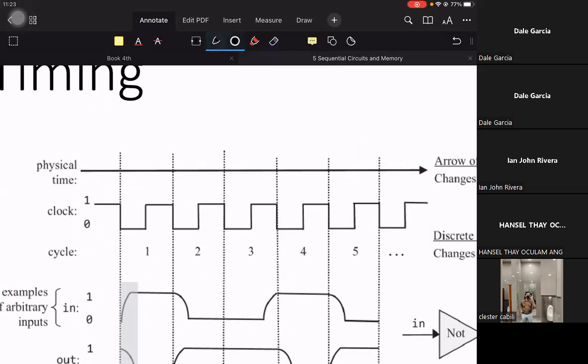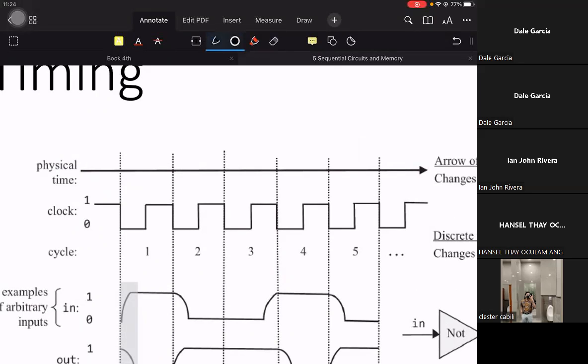It could be 1 millisecond, and still that is a very large number for microprocessors. Maybe 1 nanosecond is good. So it might be 1 nanosecond or 10 nanoseconds. So this is 10 nanoseconds, 10 nanoseconds, and so forth. So this is a 10, this is a 20, this is a 30. So it depends on the designer how much our unit of time is.